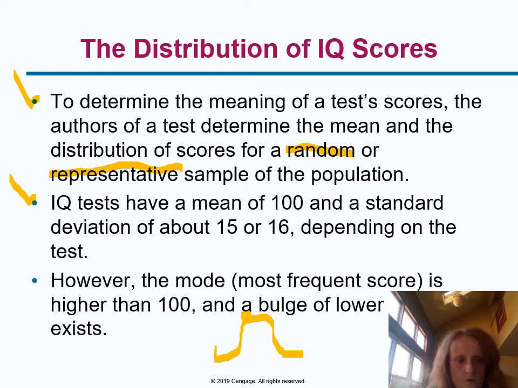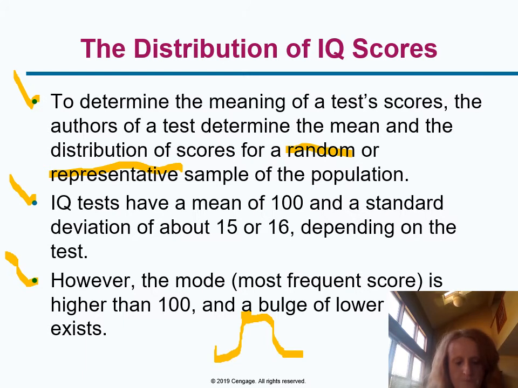The mode, which is the score that occurs most often, is higher than 100, and a bulge of lower scores does exist. So the mode, the most common score, is about 105 instead of 100.